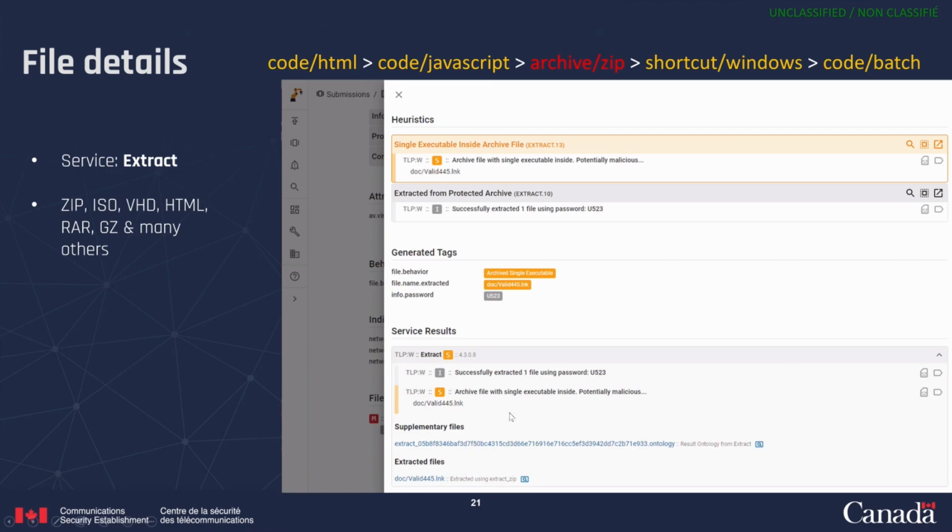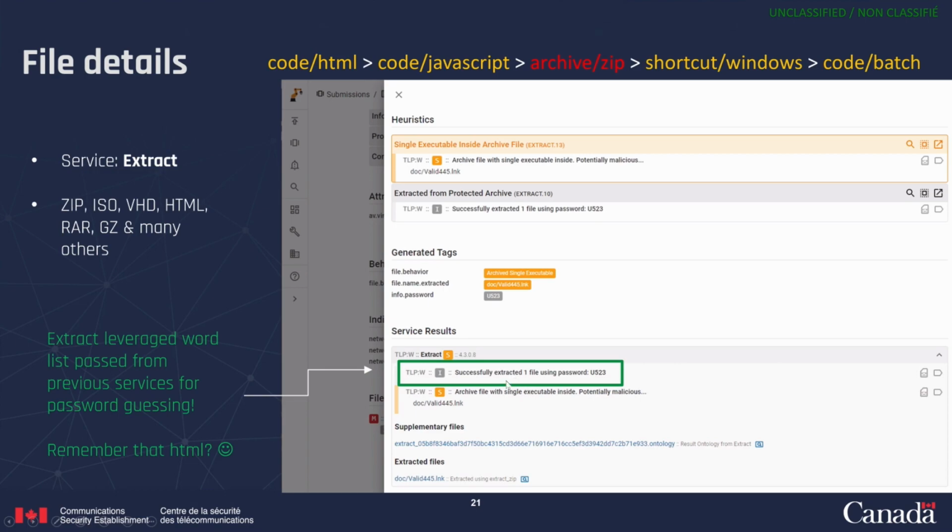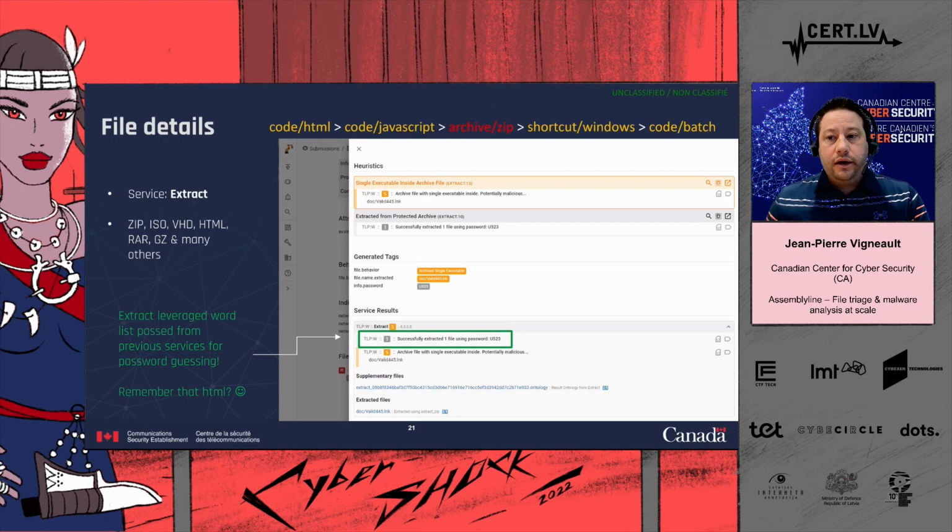If we look into the extract analysis here, one pretty interesting thing is that extract actually used the password that I showed you in the HTML file at the beginning. If you remember, there was HTML, then JavaScript, and a zip file. One trick that Assemblyline has up its sleeve, and this is getting more and more common, where the password is not just in the email but in the attachments themselves, is that Assemblyline will be able to compute word lists, which are then used to brute force passwords down the line.